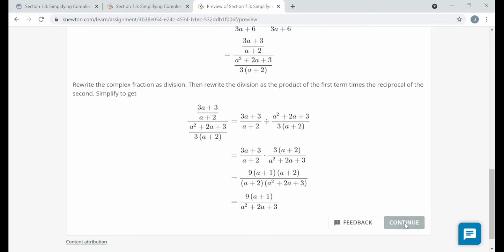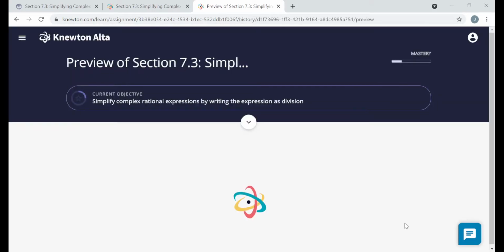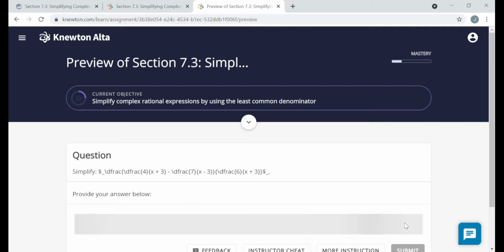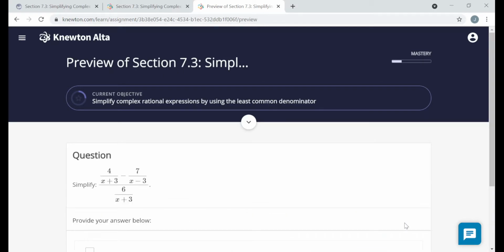All right. So now we've seen both methods, right? This LCD method and also the writing as a division problem method. So here we're going back to the objective on using the LCD. So once again, I'll write this out, and we'll do that.